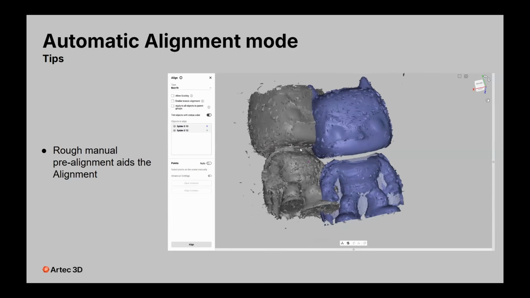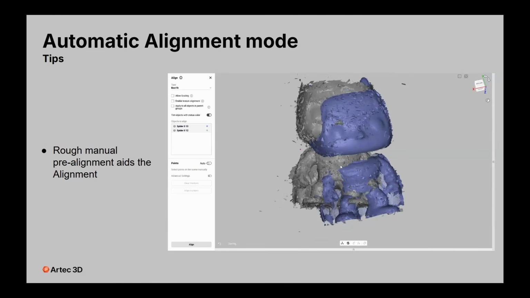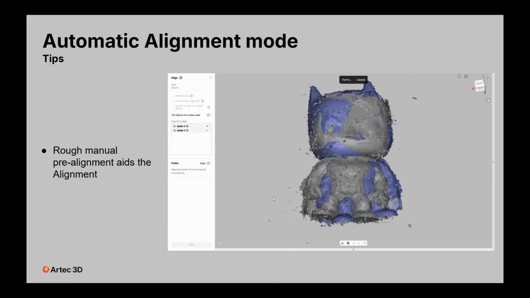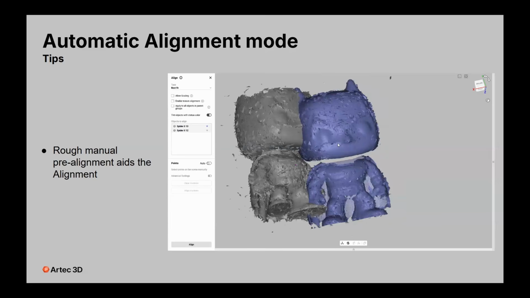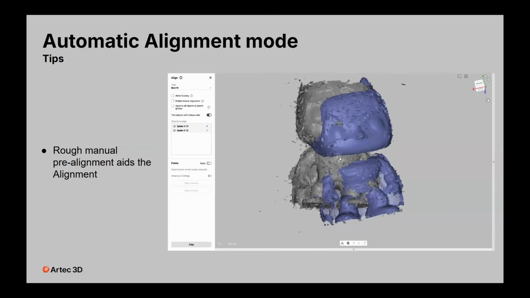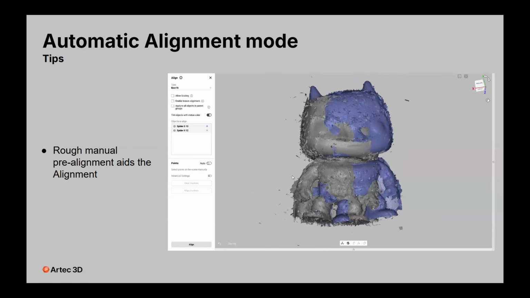Okay, so as for the tips, here it can be really useful to do a rough manual pre-alignment before running the auto alignment. So in case your scans are too far away from each other in the scene, then the alignment might not work properly, so it might not find common areas in those two different scans.